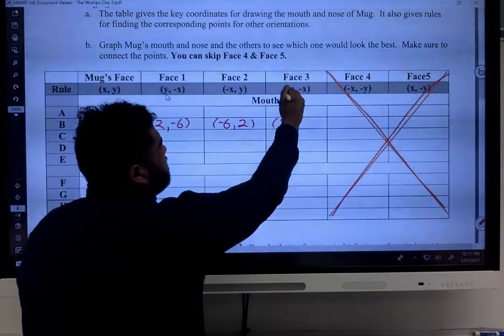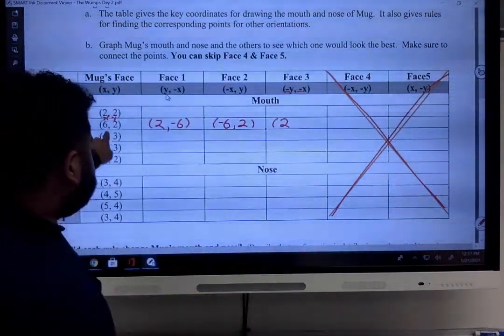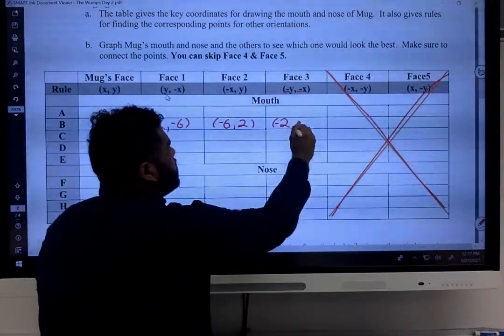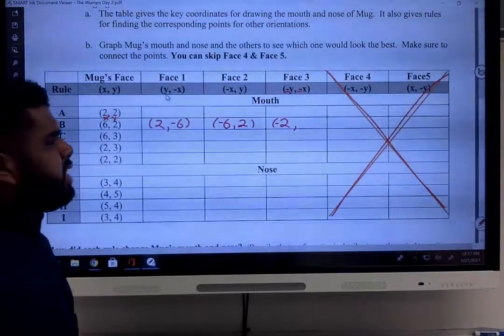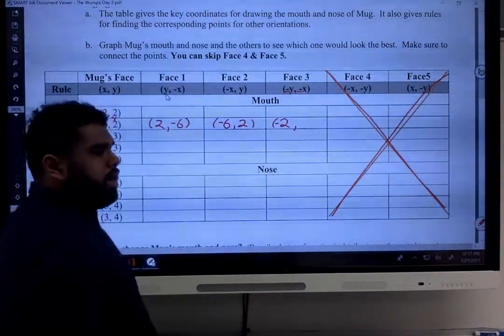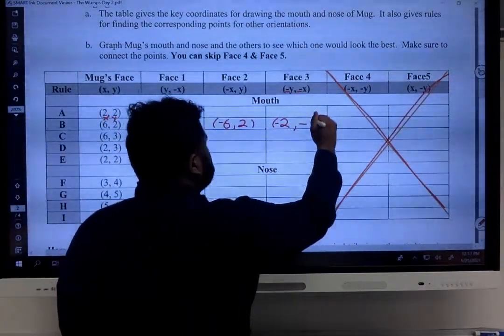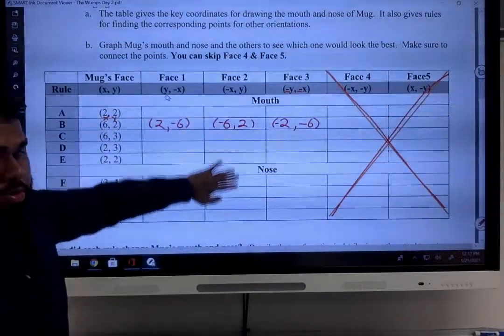And remember, since there's a negative, we're going to flip the signs. It starts out as a positive 2, and it's going to turn into a negative 2. Here, it starts out as a positive 6, and when you see this negative sign, you're going to flip the sign. So if it's positive, it turns into a negative 6. Okay? So that's what you're going to be doing for this one.